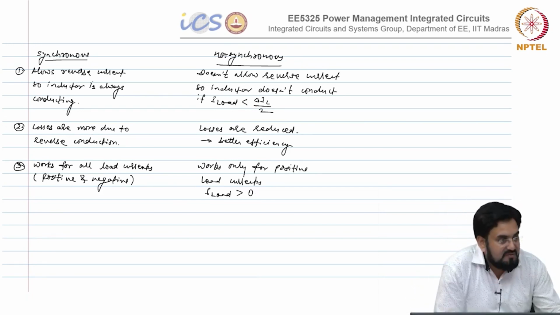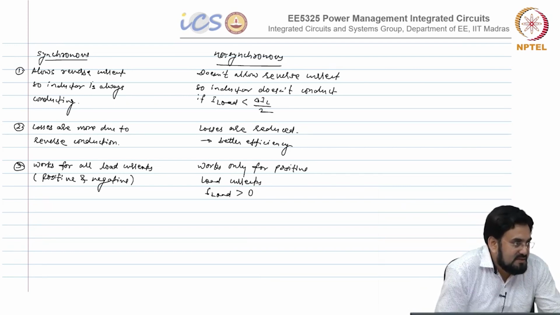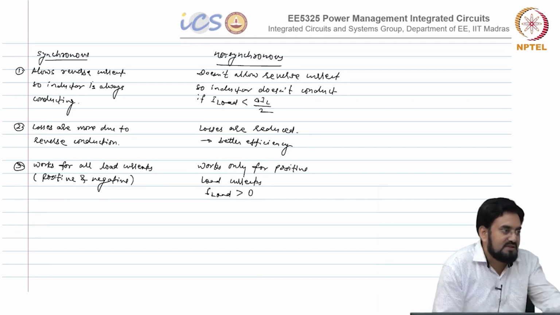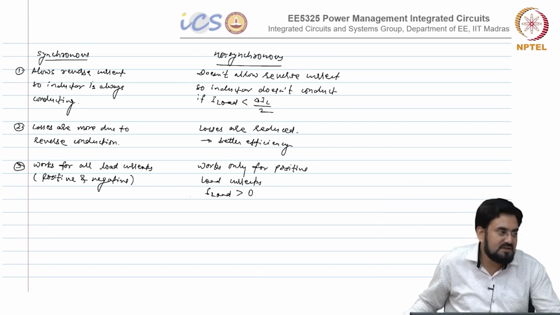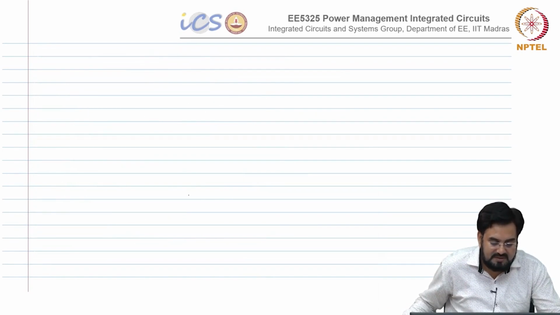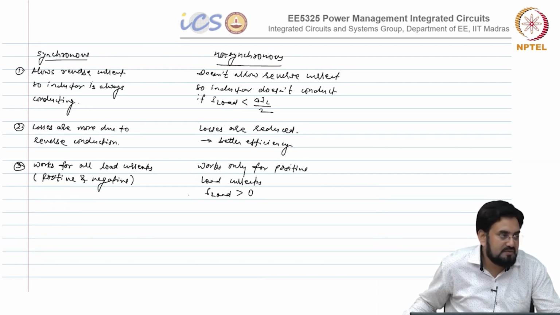Okay. But in most of the cases, our requirement is positive load. We are drawing the current from the supply, we are not sourcing the current into the supply. So, non-synchronous is not a problem, but the problem is the diode drop.